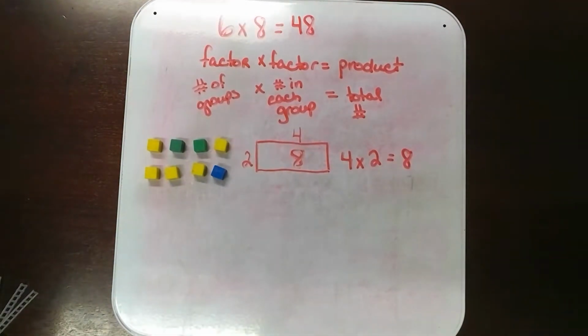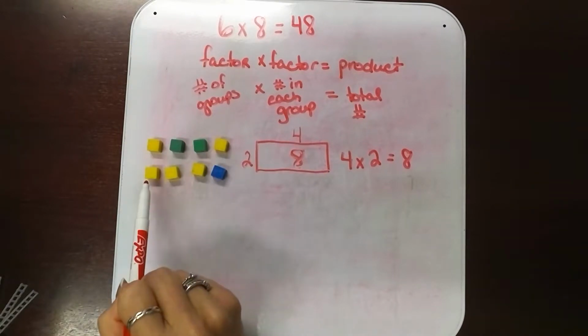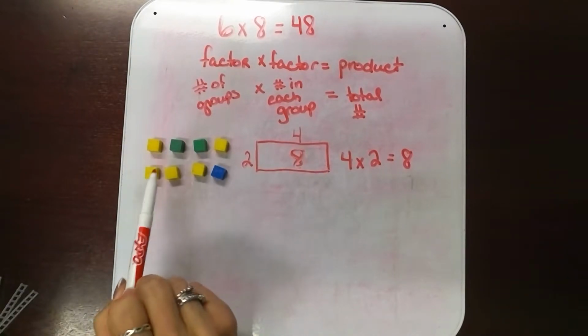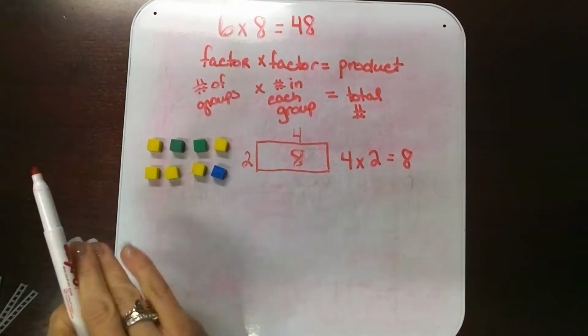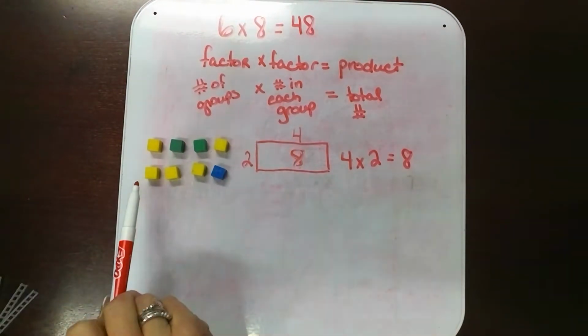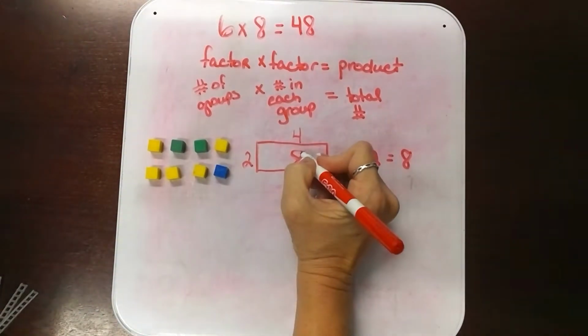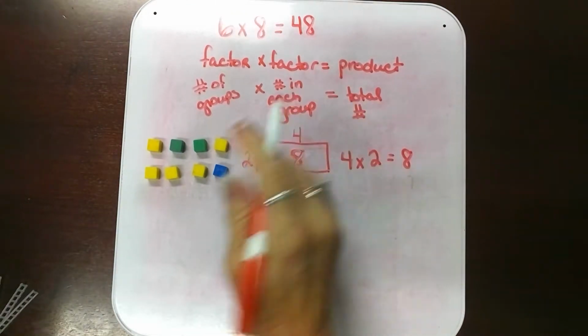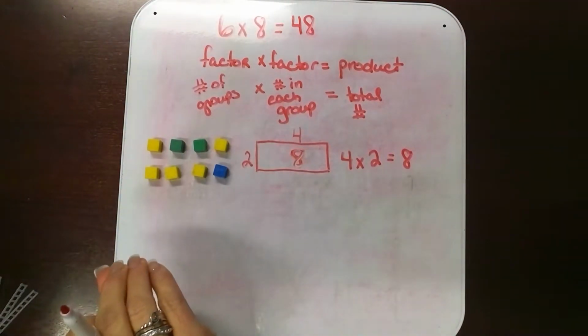Okay, so remember, I can call this 2 times 4 or I can call it 4 times 2. It really doesn't matter. We used to say it mattered whether it was rows times columns or columns times rows. It doesn't matter. They are both the exact same amount. The only time it matters when we're doing this is when it deals with word problems.